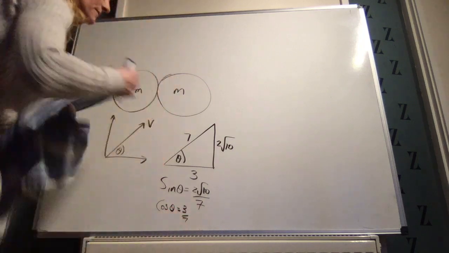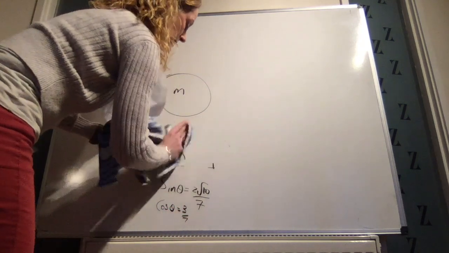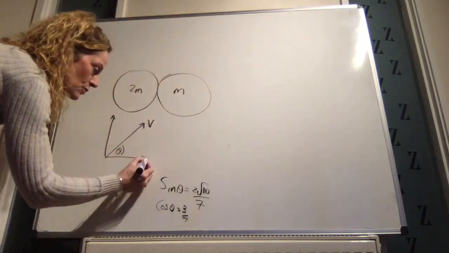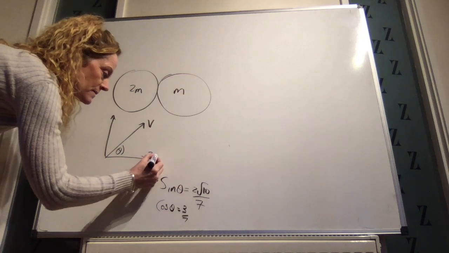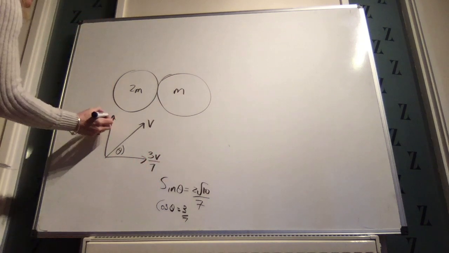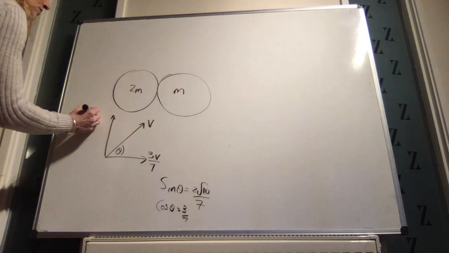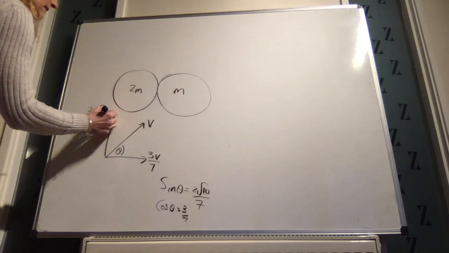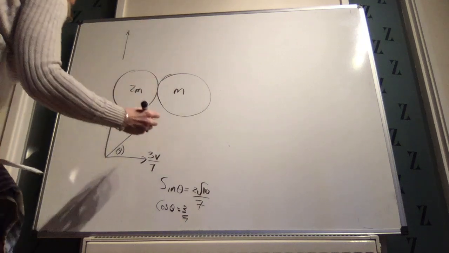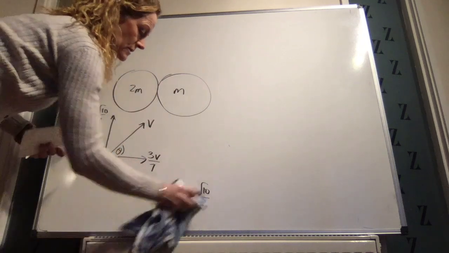Right, let's rub that out. Now we know that this is v cos theta, so v times 3 over 7, or 3 over 7 times v. This is v sin theta, so that is 2v root 10 over 7. Now I'm going to rub this out because it's just in the way.